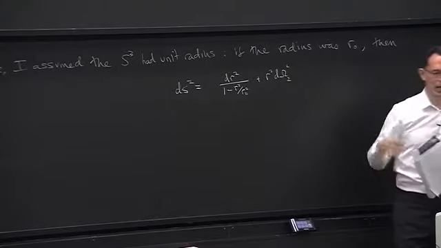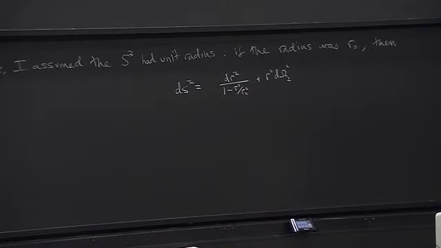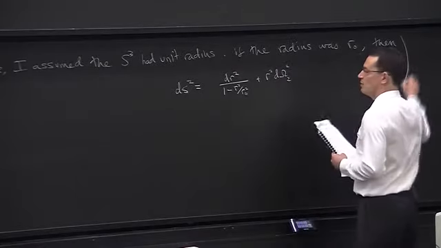Because r has dimensions of length, you need the R0 there to make the 1 minus r factor dimensionless. I'll leave that to you as an exercise if you want to check that.